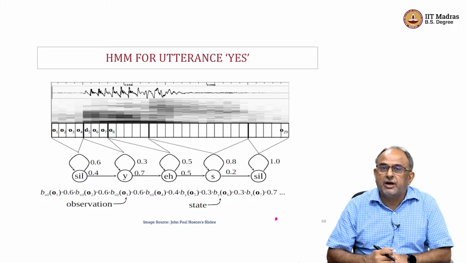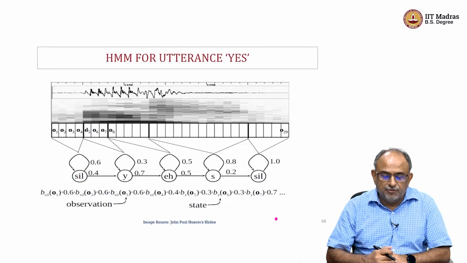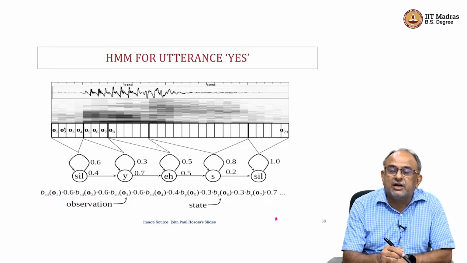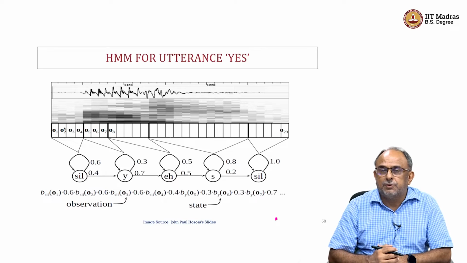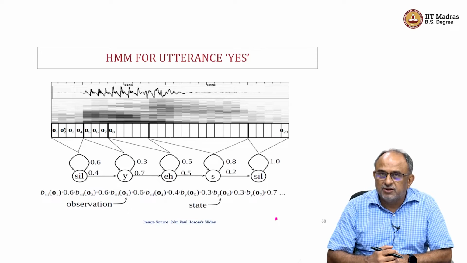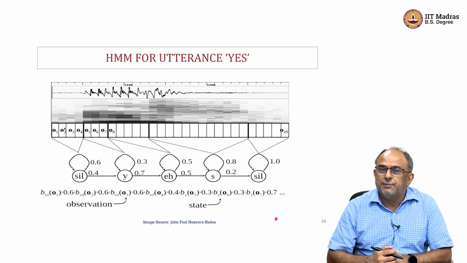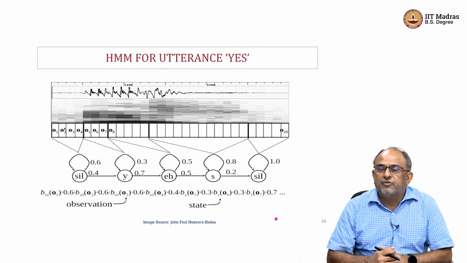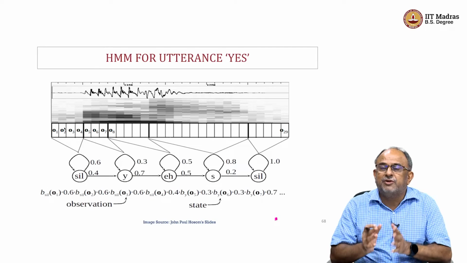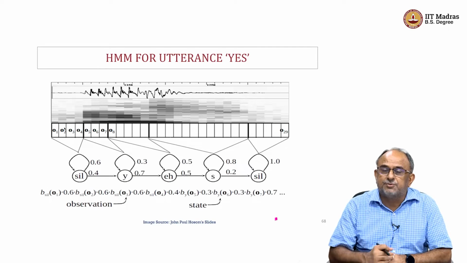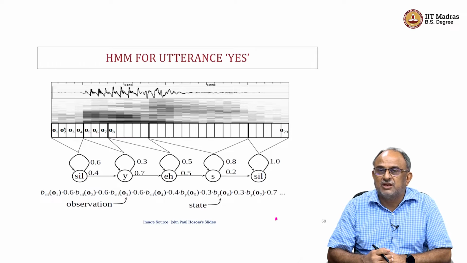So I need to know, for every frame, the corresponding phoneme, and that is called the alignment problem. In this hybrid approach we need alignment, and even in the GMM-HMM we need alignment. We need it to know, for each mel filter bank feature every 25 milliseconds, what the corresponding phoneme in the speech signal was.